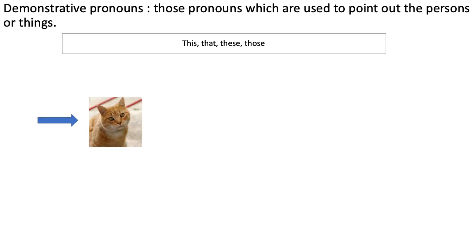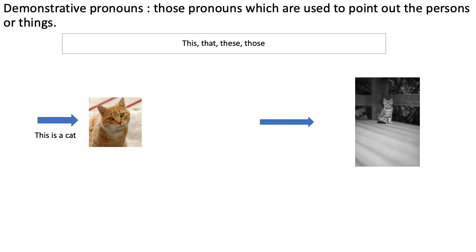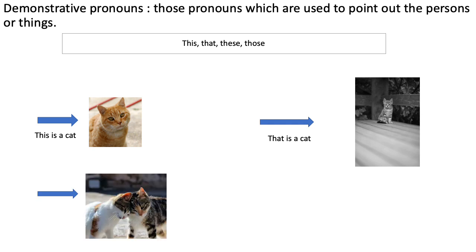For example, this is a cat. What is that? That is a cat. These are cats.